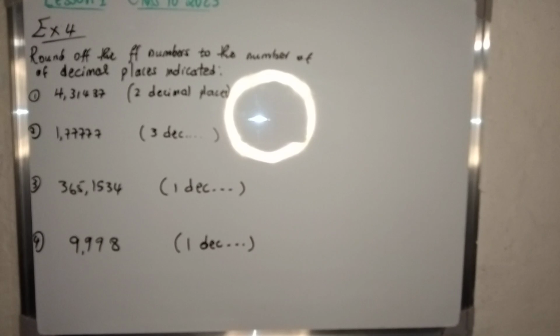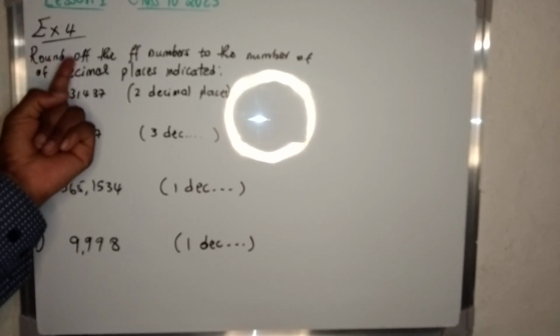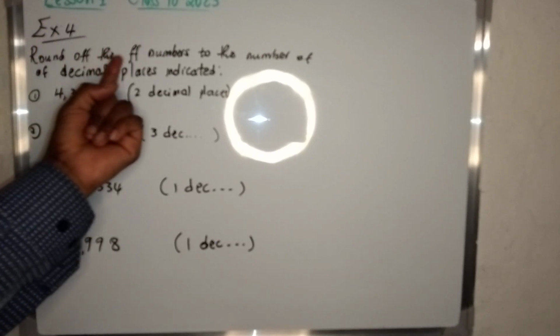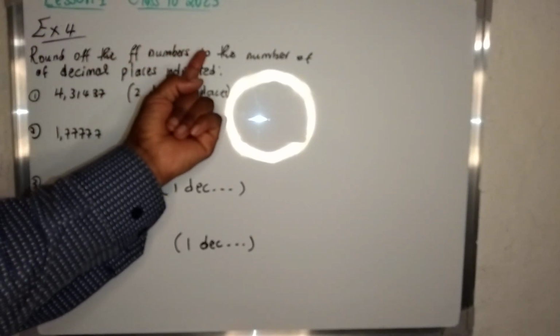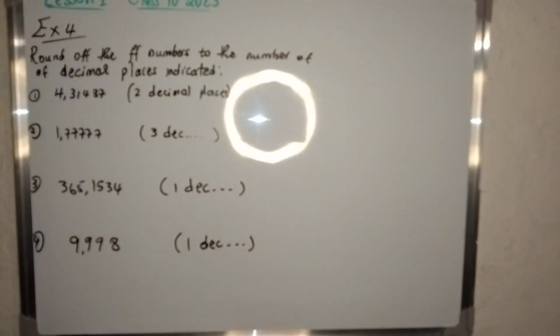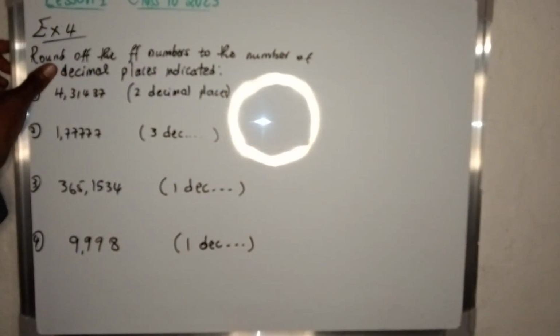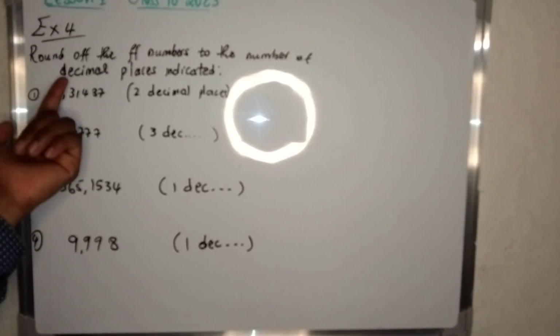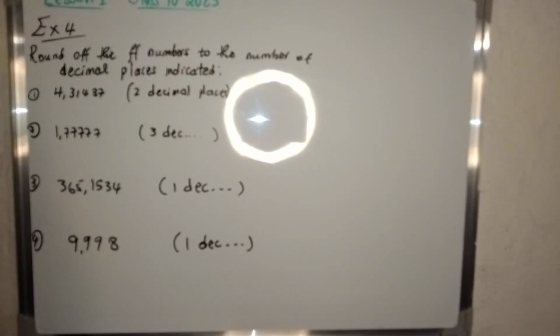So now let's look at this one. This one says round off the following numbers to the number of decimal places indicated.